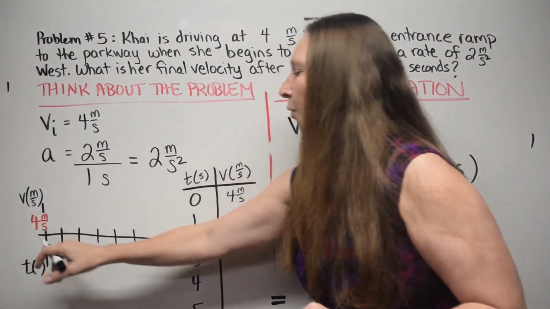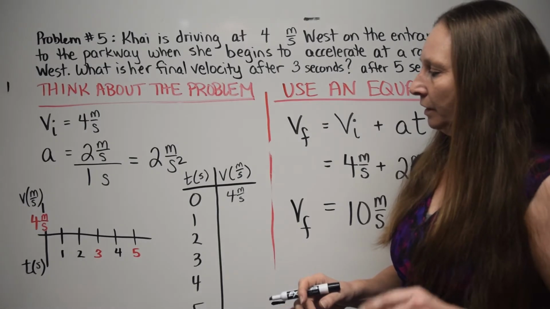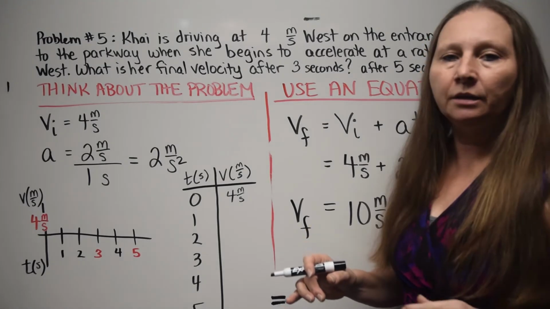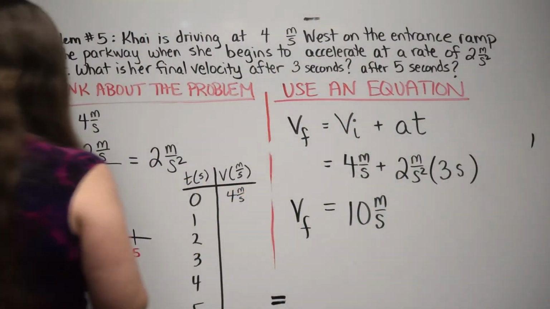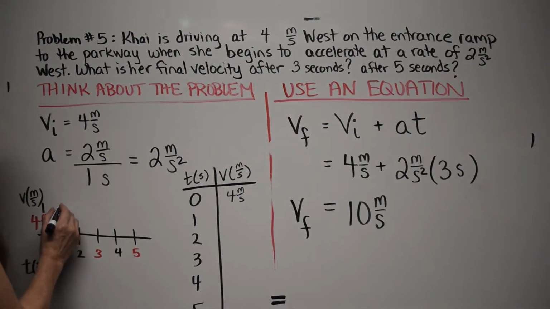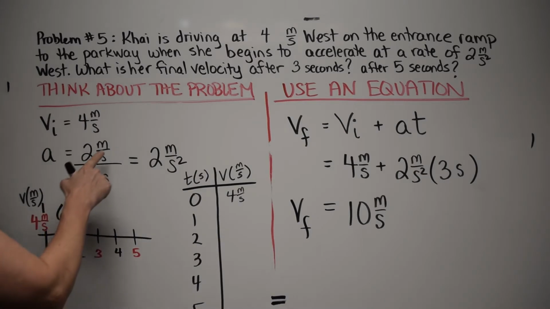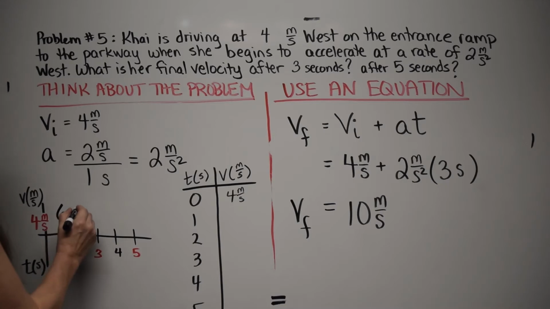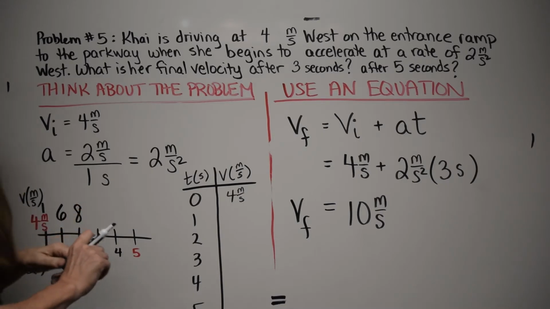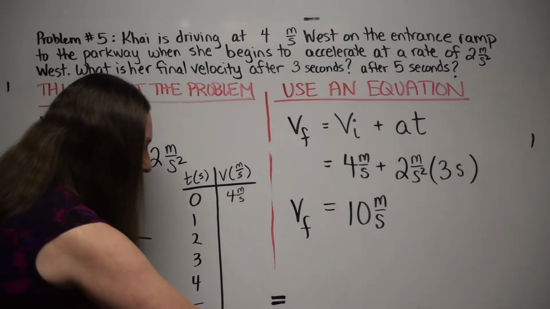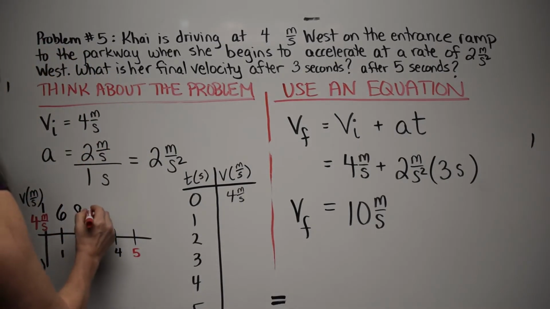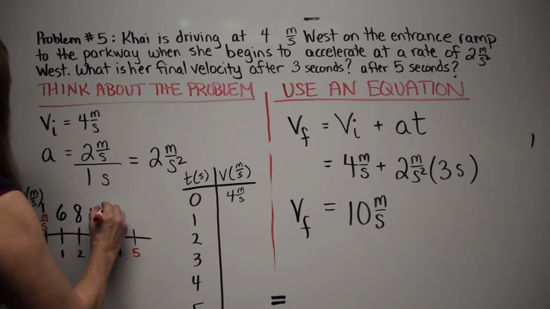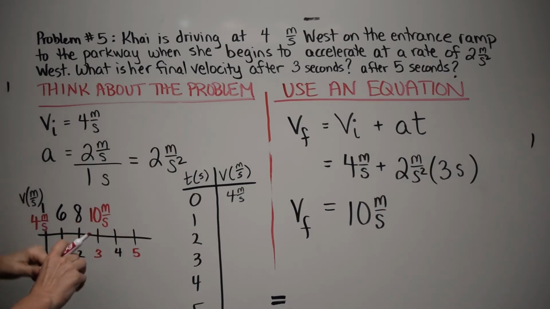We're starting at 4 meters per second. So after 1 second, her velocity has increased by 2. So after 1 second, her new velocity is 6 meters per second. After 2 seconds, it has increased another 2. So now her velocity is 8 meters per second. And after 3 seconds, her velocity would be 10 meters per second.